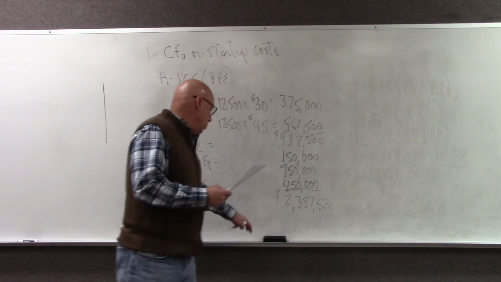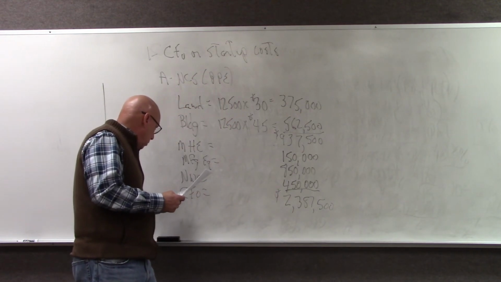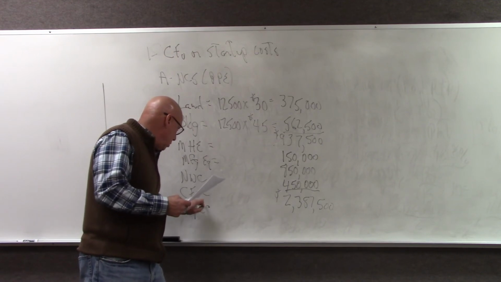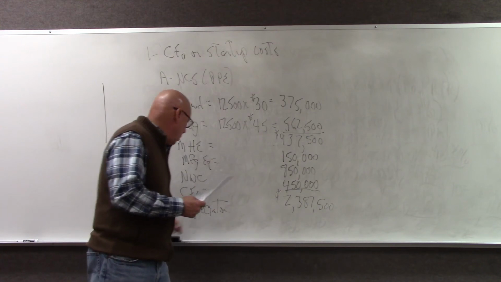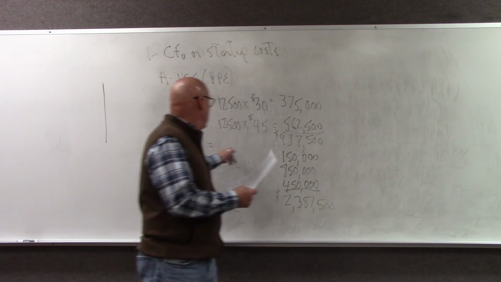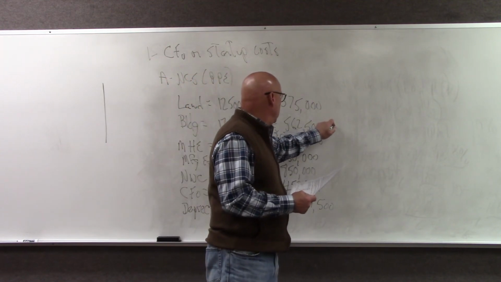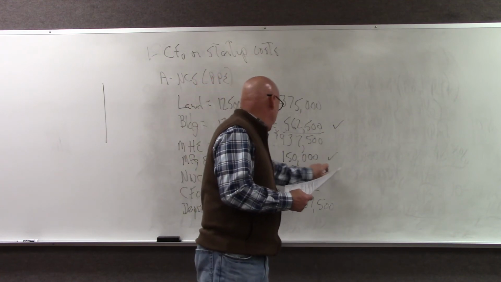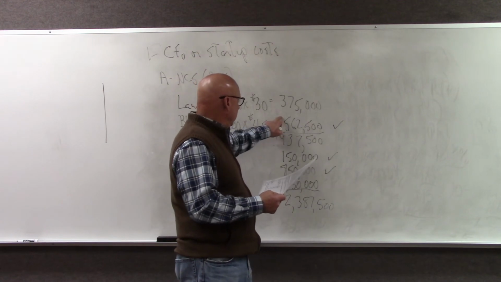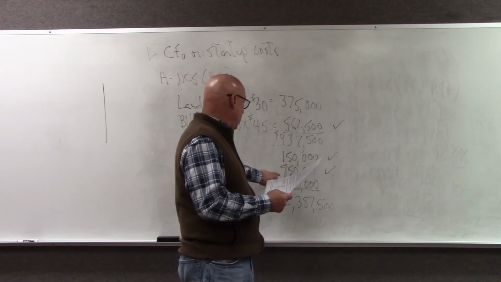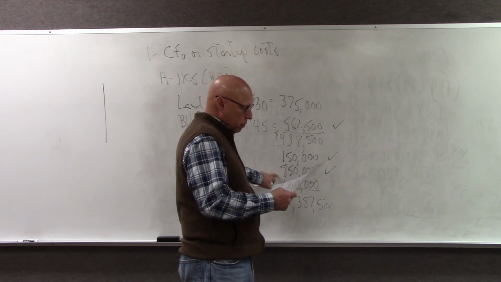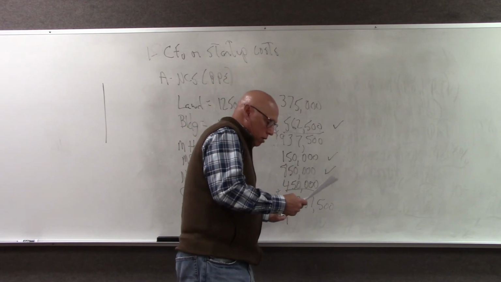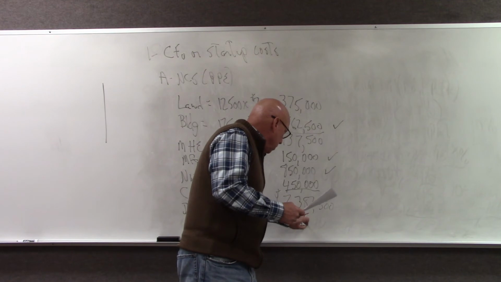All right, so now our depreciable cost is going to be the building and the materials handling equipment and the manufacturing equipment. Okay, so we have 562,500 plus 150,000 plus 850,000, and so that's going to be 1,562,500.